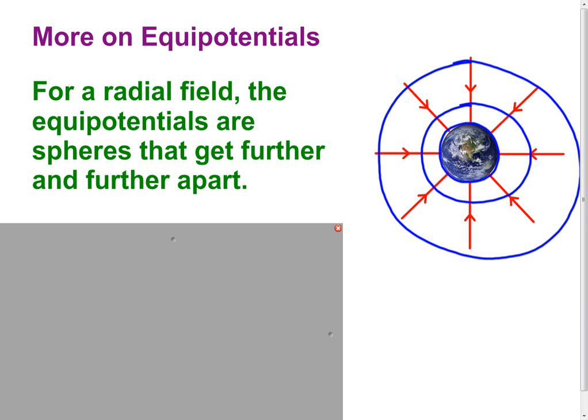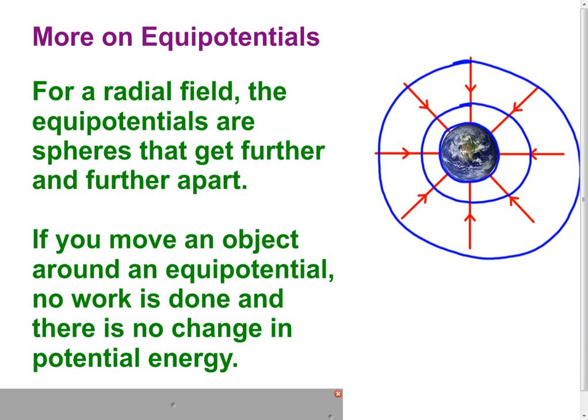Exactly how they get further apart we'll deal with later, but that's enough to say for now. And one more thing on equipotentials. If you move an object around an equipotential, no work is done and there is no change in potential energy for the object.